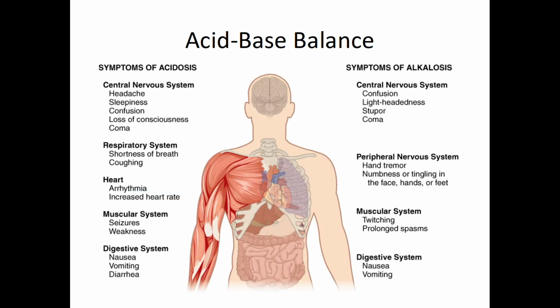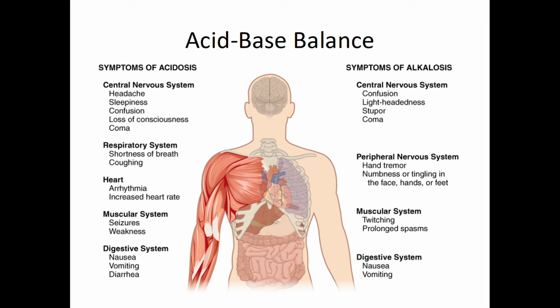Now, this acid-base balance that we're maintaining with the respiratory and the renal system is really important here. And this is where we can look at what happens if it goes wrong. You'll see here we have symptoms of acidosis and symptoms of alkalosis. Acidosis, you're going to see headaches, sleepiness, confusion, loss of consciousness.